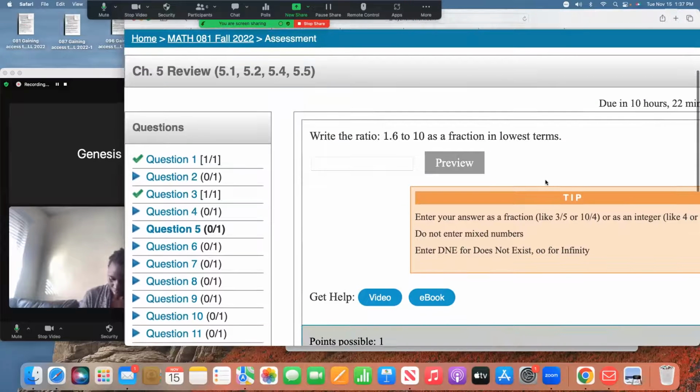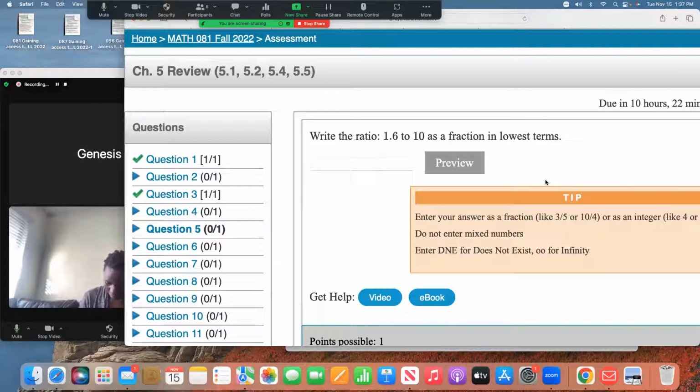Okay, we were doing some of these in class yesterday. Write the ratio of 1.6 to 10. So I wrote a fraction on my paper, 1.6 over 10. Now, we don't like decimals inside of fractions, and so we need to move that decimal over one place, which is the same as multiplying by 10.